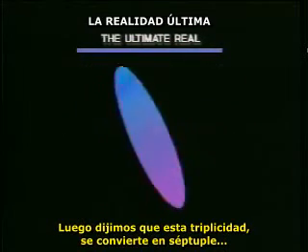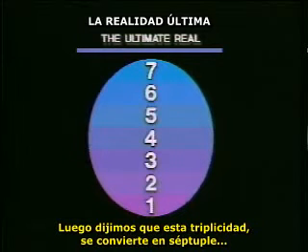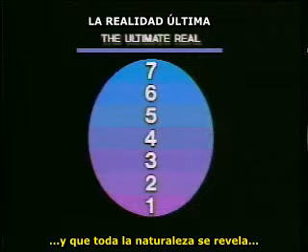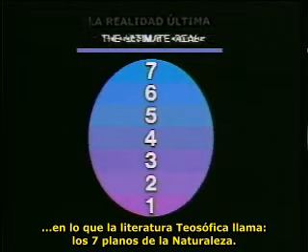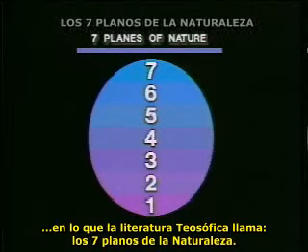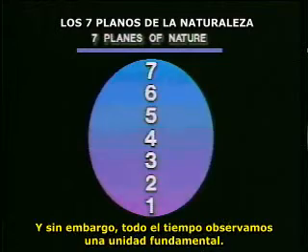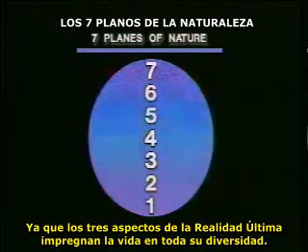We then said that this triplicity became a septenary, and that all of nature reveals itself in what the theosophical literature describes as the seven planes of nature. And yet throughout we see a fundamental unity, since all three aspects of the ultimate real pervade life in all its diversity.